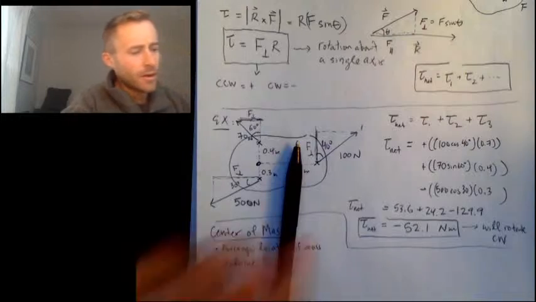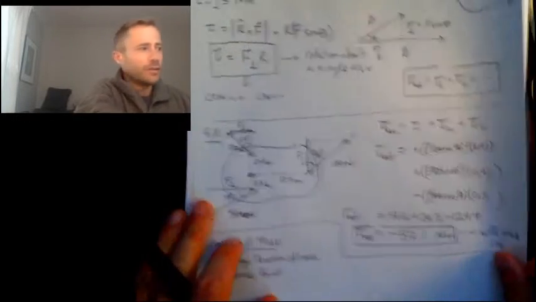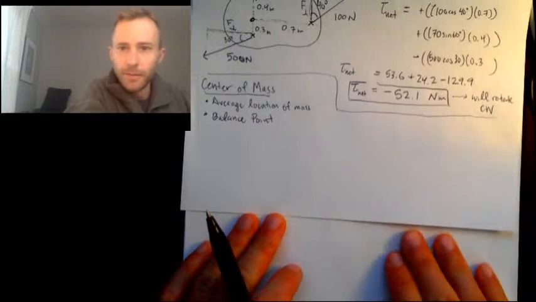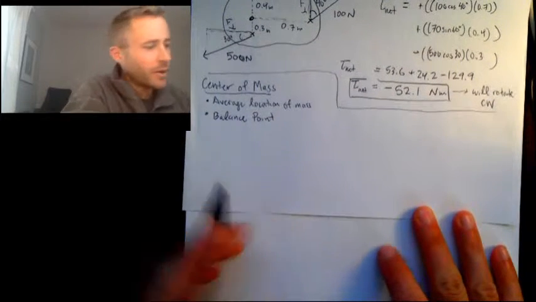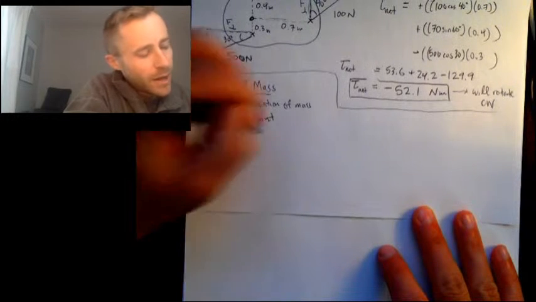Okay, so how do we actually calculate the center of mass? Well, the first thing I'm going to talk about is a discrete mass distribution.